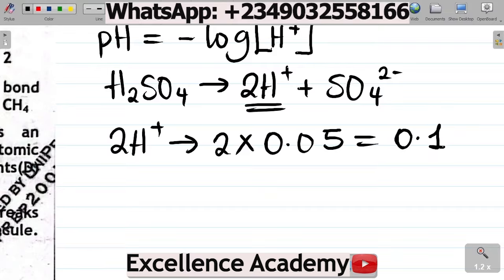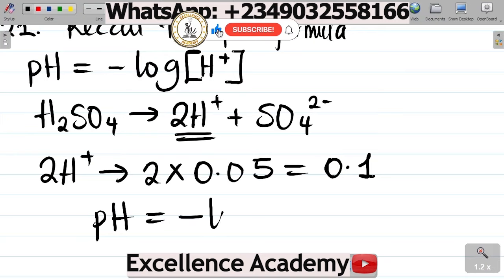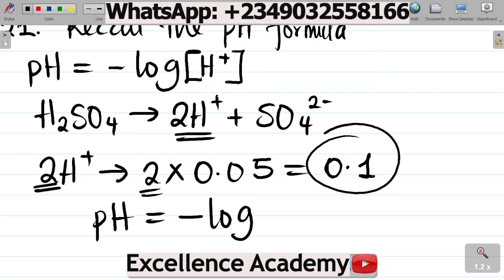So with this, let's use the formula for pH. So we'll have that the pH is equal to negative log of the concentration of the hydrogen ion. Since you have 2 molecules of the hydrogen ion, we had to multiply it by 2, which gave us 0.1. So in essence, the value we use for the concentration of hydrogen ion would be this value here.